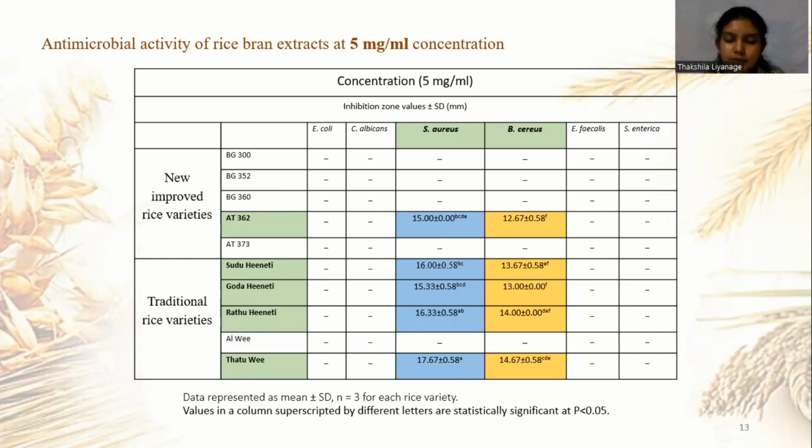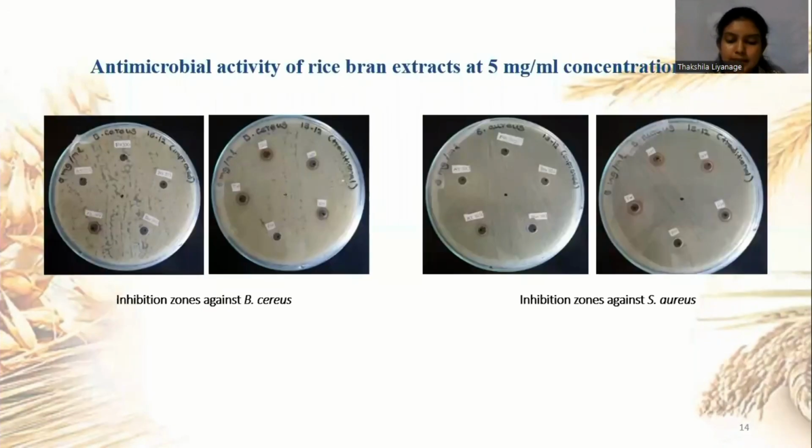In general, Tatuvi showed the highest antimicrobial activity and 8362 showed the lowest activity against Bacillus cereus and Staphylococcus aureus. These are the actual photographs of assay plates with inhibition zones at 5 mg per milliliter concentration.